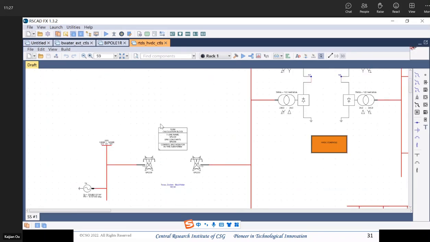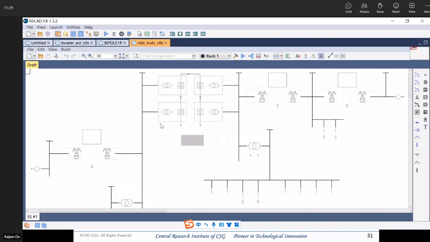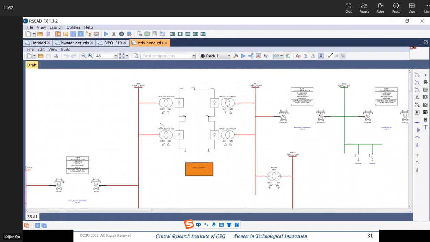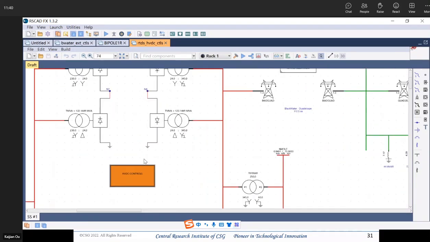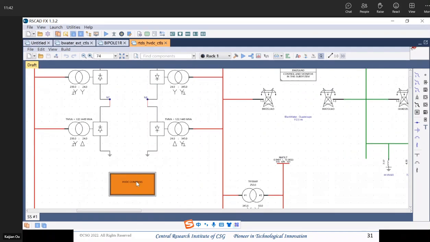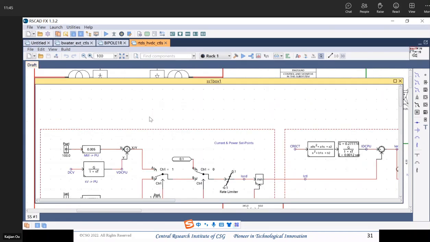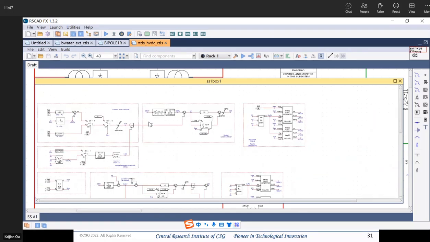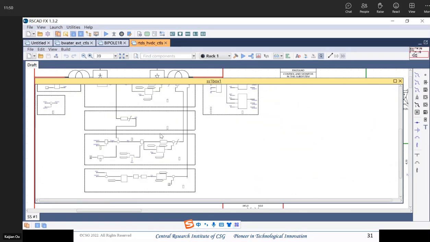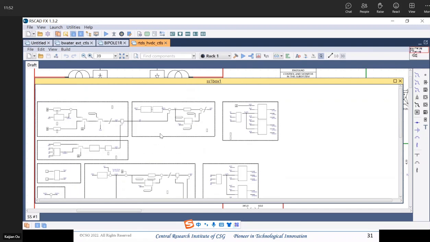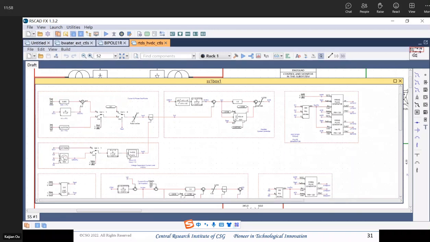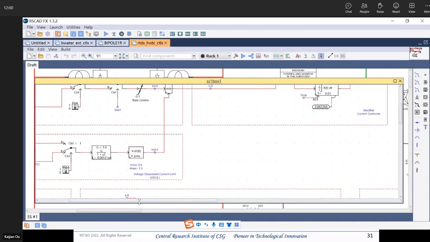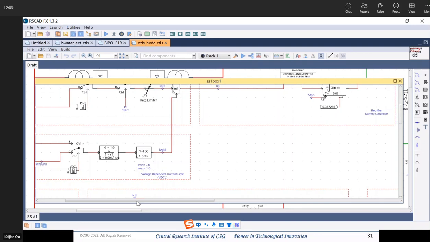We can see here this model has this AC system, and also this DC system. For the DC system here we can see the HVDC control. Here is the HVDC control, many kinds of HVDC control, because in this model we have no physical cubicle, no physical configuration. So it uses RTDS PSCAD software control.